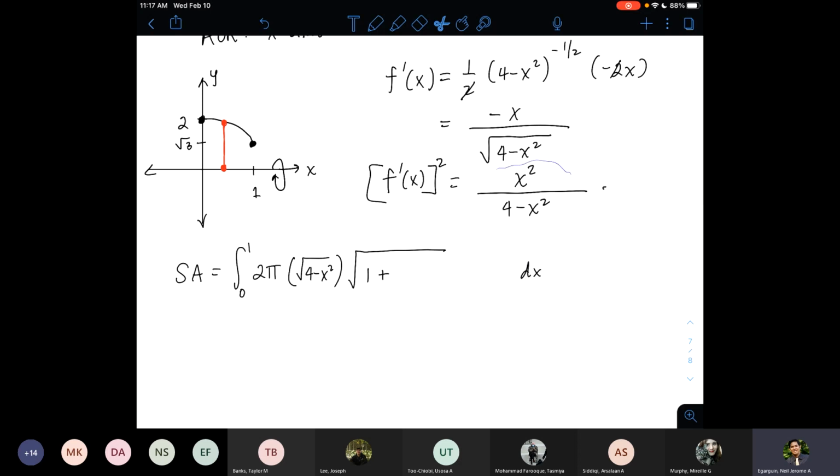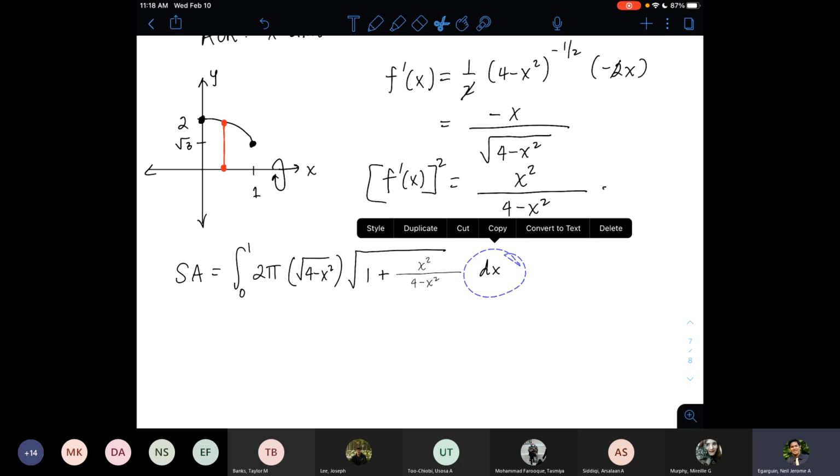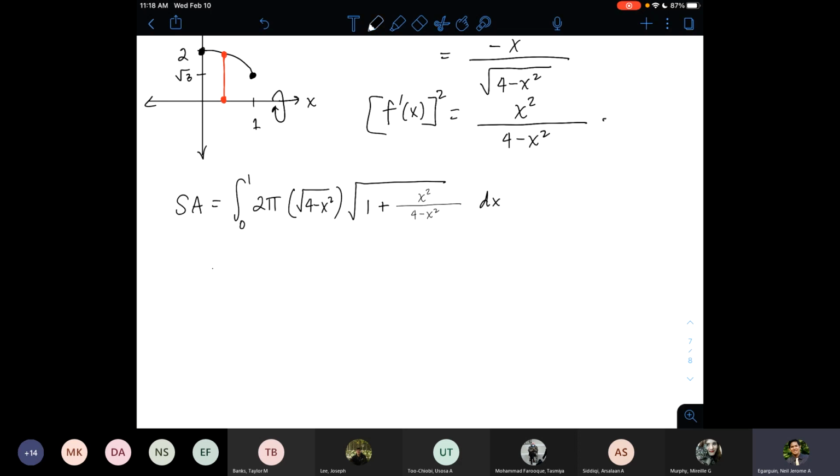I'll have that. Now I am hoping that this will simplify nicely, because we need to have a good integral over here. So let's try to evaluate this. But after this, will it be fine if I just leave the integration to you? Though this would be a good review for your exam. So you'll have root of 4 minus x squared over there.